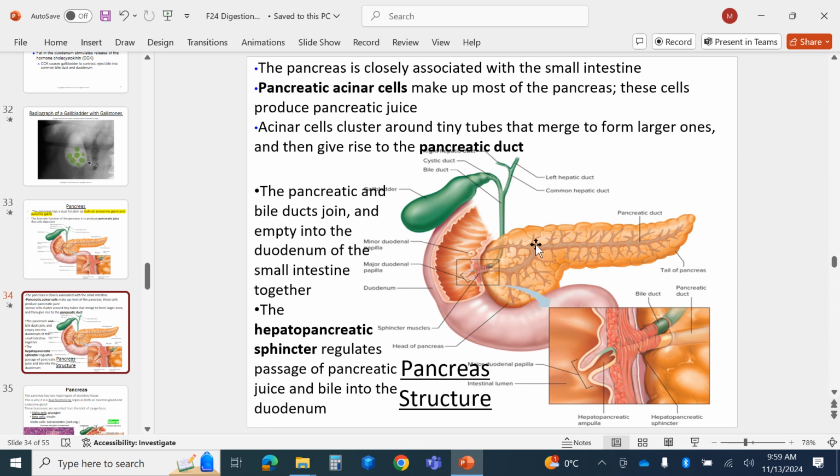The pancreatic and bile duct join right in here, in this area of the small intestine. You have the hepatopancreatic sphincter, which regulates the passage of pancreatic juice and bile into the duodenum. Another ring of muscle there.